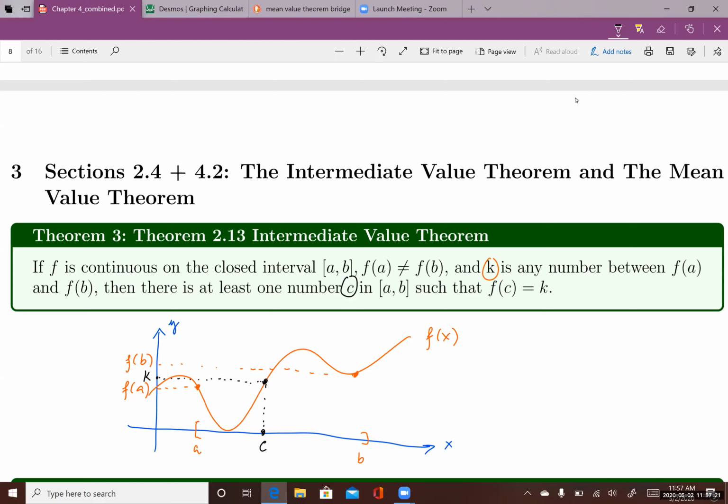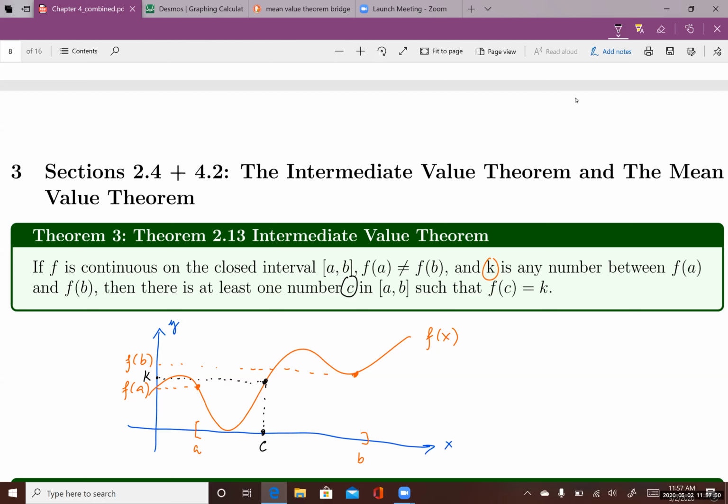Again, if you have a continuous function on a closed interval, and you pick any value k in between the two ends, f of a and f of b, then you're guaranteed to have at least one value of x, which we call c, such that f of c equals k.